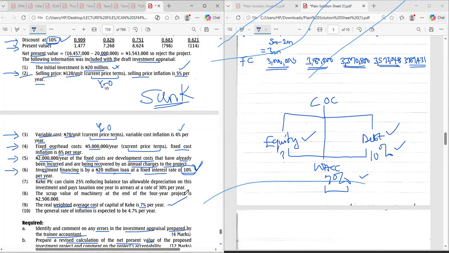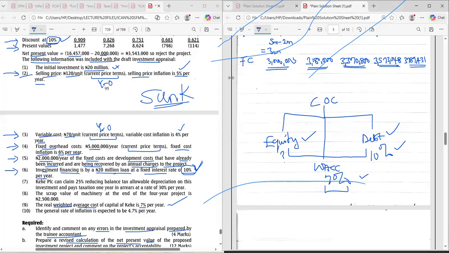Full stop. The average cost of capital after considering inflation should be used instead.